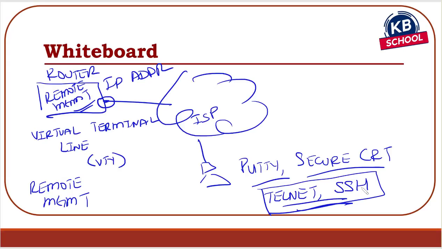Although you do configure the router through the console port initially, so that it can be assigned the IP address, Telnet or SSH can be configured. Once that's done, you save the configuration, move on to your desk, and start accessing the router for configuration remotely using the virtual terminal lines or the VTY lines.